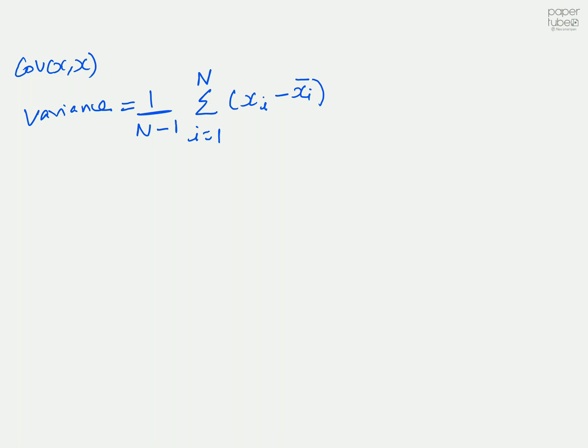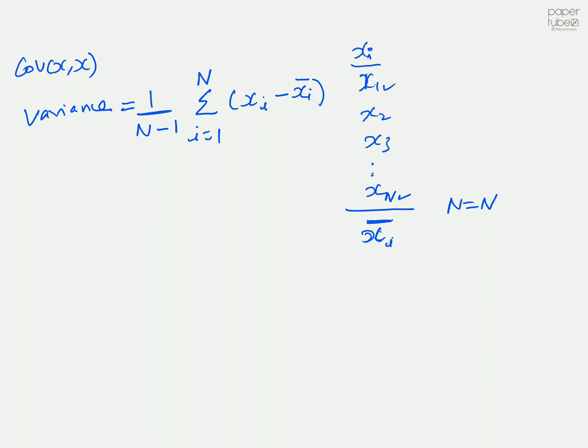If you have a sample, say x1, x2, x3, up to xn, you take the average of these values, that gives the average of all the x, and n is your number of samples. You already know what xi is, these are 1, 2, 3, 4, where i ranges from 1 to n.